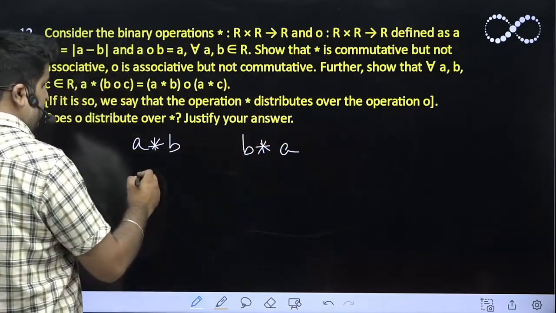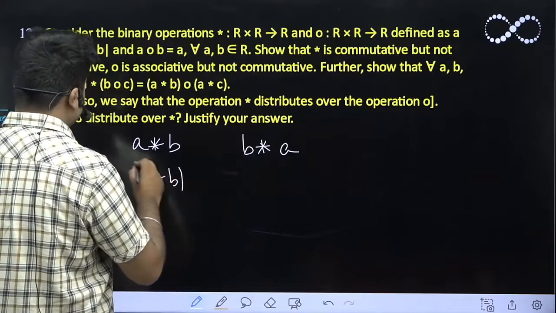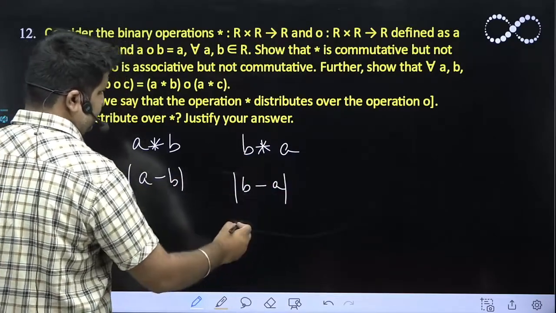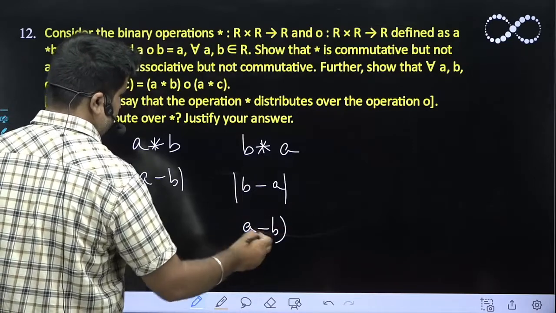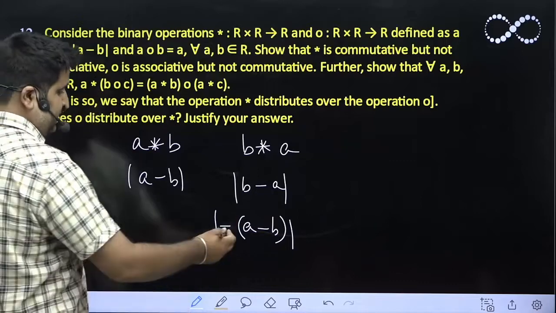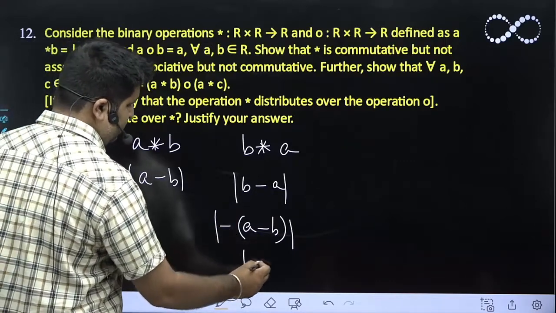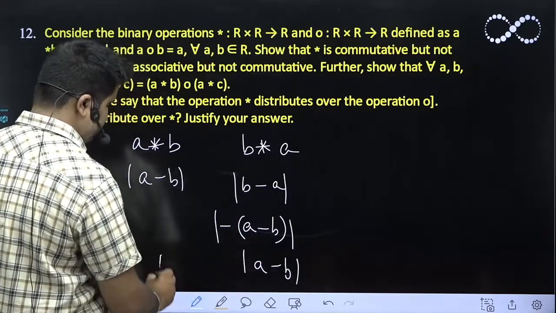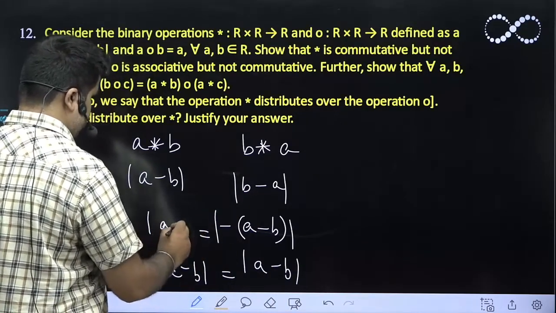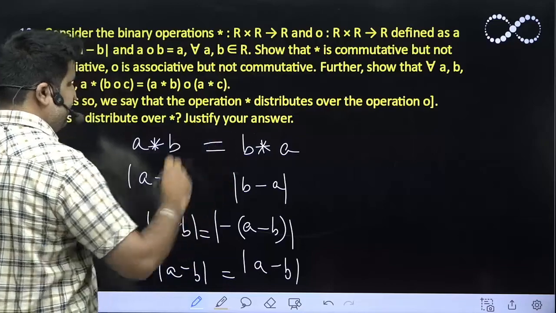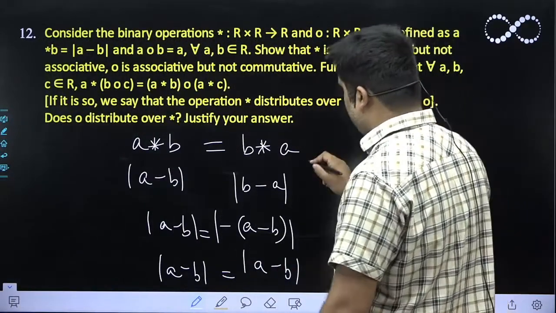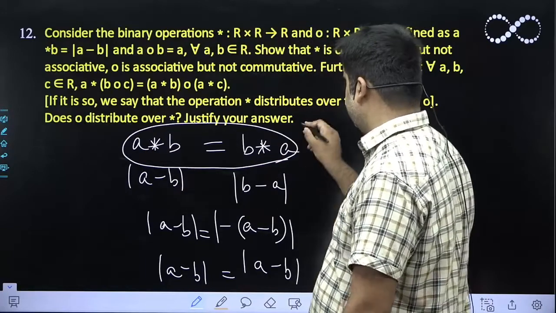What is A star B? Mod of A minus B. What is B star A? Mod of B minus A. So this is actually mod of minus of A minus B, and the minus sign can be cancelled by the mod. So this is also equal to mod of A minus B. Therefore A star B is equal to B star A. Therefore this operation is commutative.